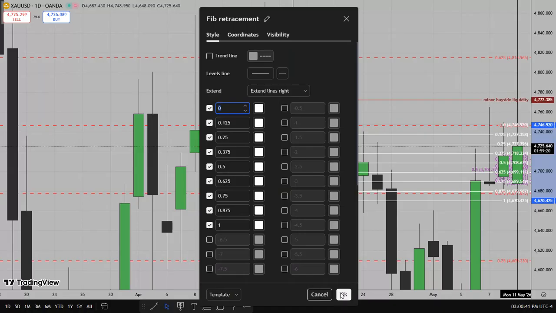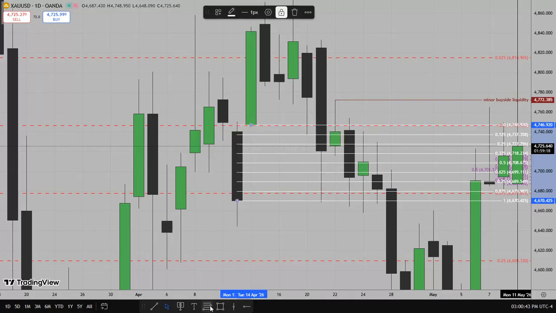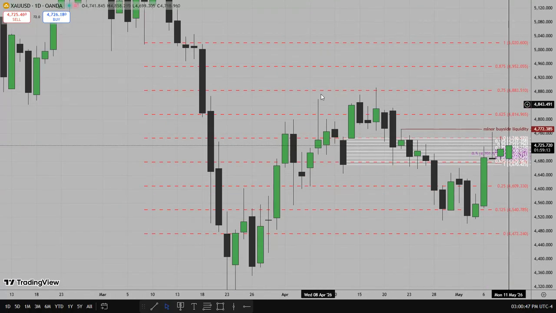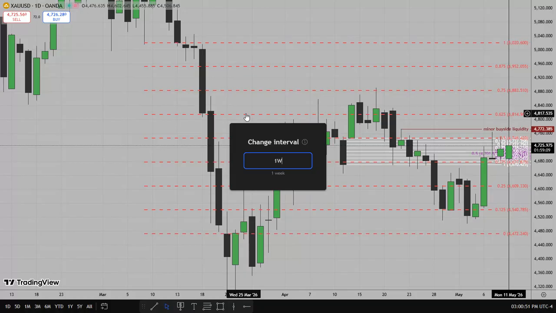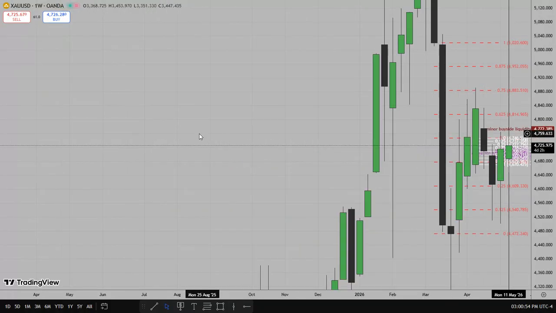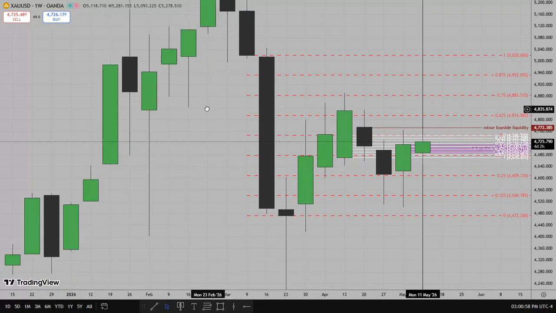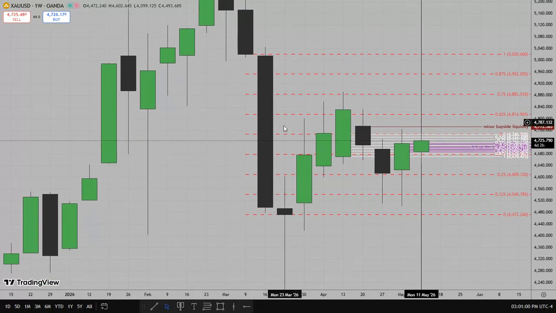And this one here, I also have these red dashed lines here. That is the weekly sell side imbalance, buy side inefficiency. Weekly sell side imbalance, buy side inefficiency.